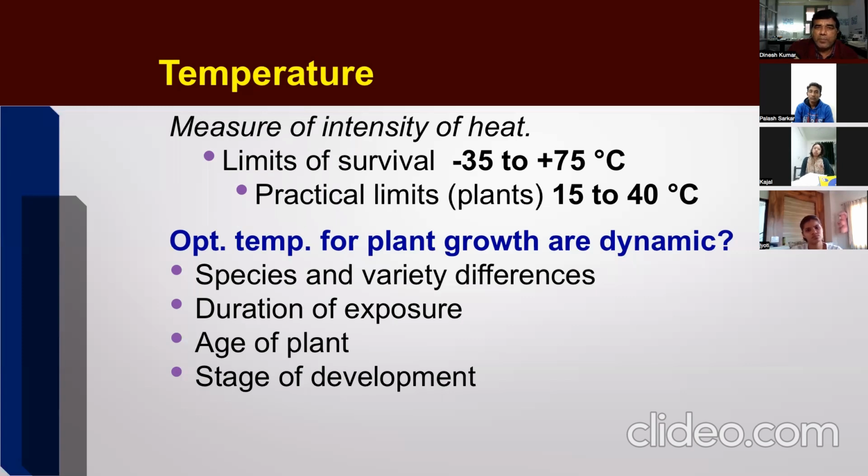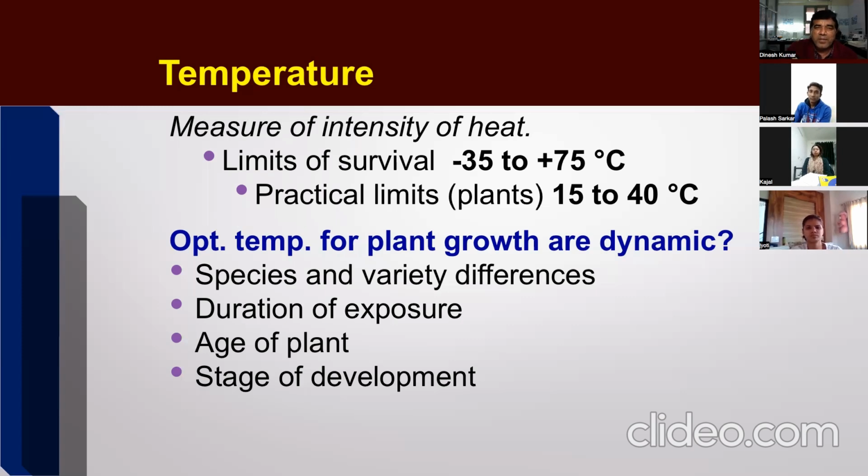Within one particular crop, you can find varieties that can tolerate temperature extremes or temperature stresses better than the other varieties. Take case of potato. Potato, of course, it likes lower temperature, but there are varieties which have been bred to survive under much lower temperature.